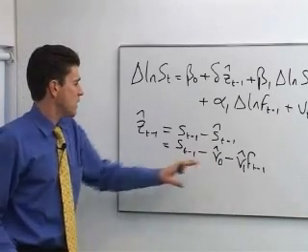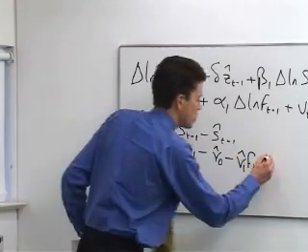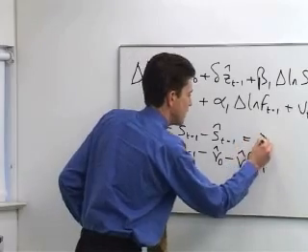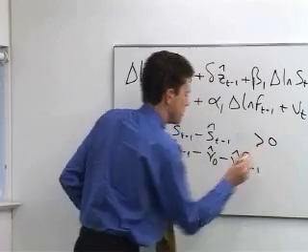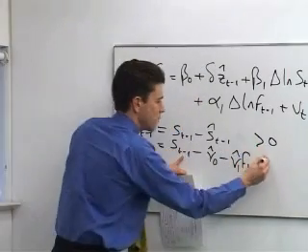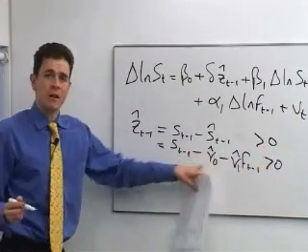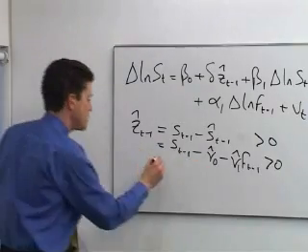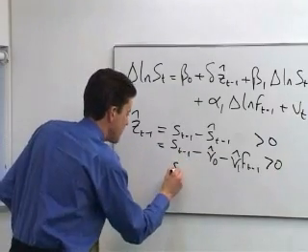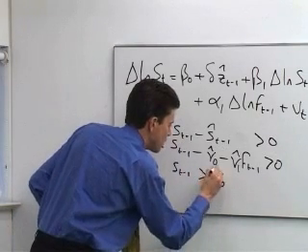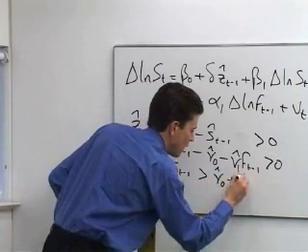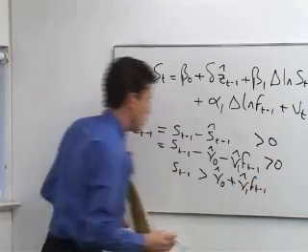Now let's think for a second what that would mean if the residual was positive. Well, obviously, if this residual was bigger than 0, then that would mean this thing down here was also bigger than 0. And the implication of that would be that s t minus 1 would be bigger than gamma 0 hat plus gamma 1 hat f t minus 1.